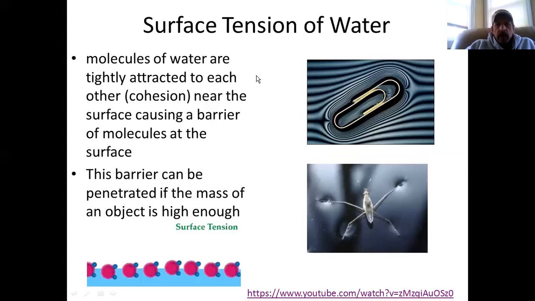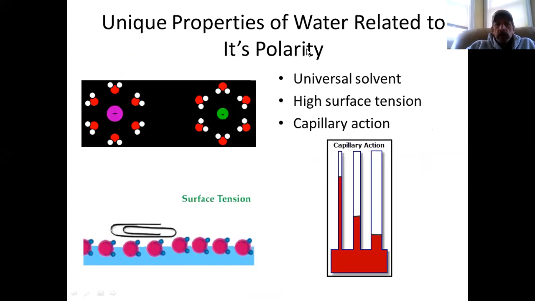Okay, so let's just go back and revisit. Water has three unique properties, all as a result of intermolecular force created by polarity. And one of the causes of that polarity would be differences in electronegativity, the ability to attract valence electrons between individual elements. So, universal solvent: water is a very good solvent. It dissolves a lot of materials.